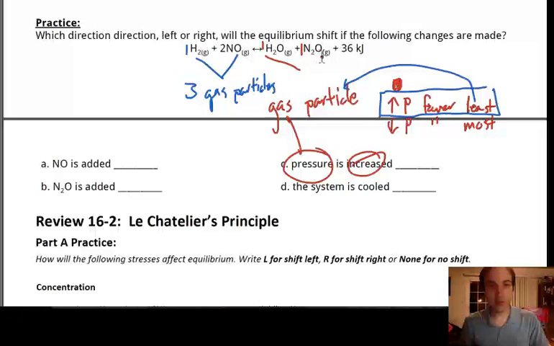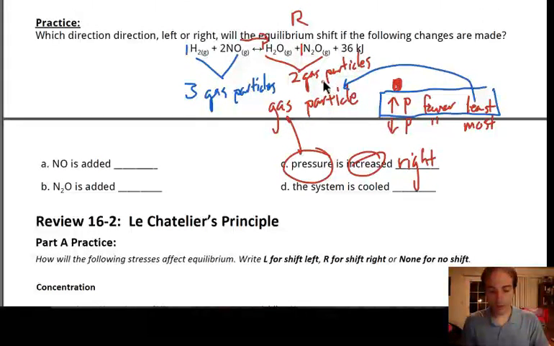Put these two together, that means we have 2 gas particles on this side. And again, we are increasing the pressure, so we're going to favor the side with the least. In other words, the reaction that creates the side with the least will be sped up. This is on the right side, so the forward reaction is going to increase. It's going to shift right, toward the side with the least number of gas particles, the side that has 2.